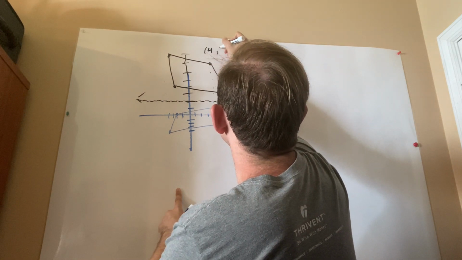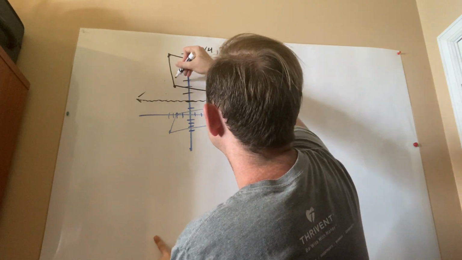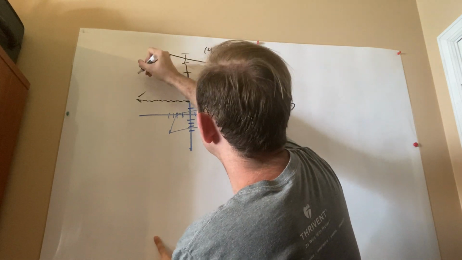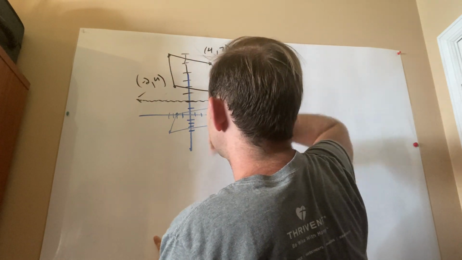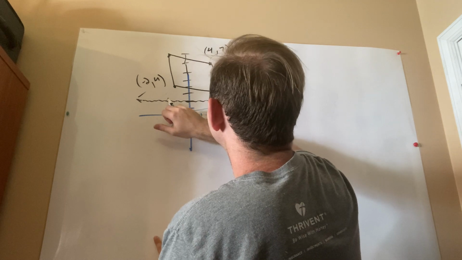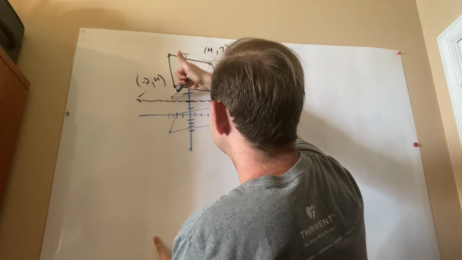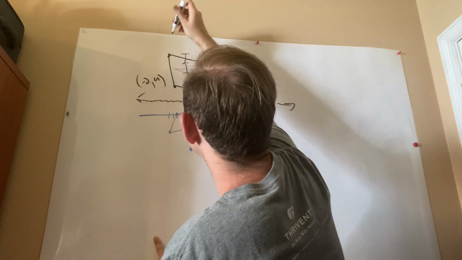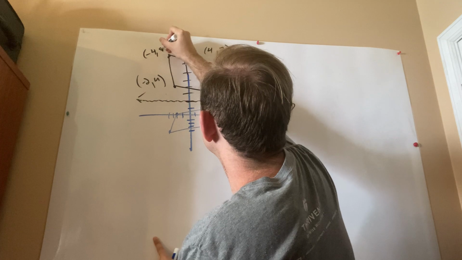So 4, 7. This one over here, let's see, -2, 4. And then all the way up there, oh my God. 2, and then we went up, I think we said 7 units, no, we went up 6 units. So that's at 8, right? Yeah, -4, 8.